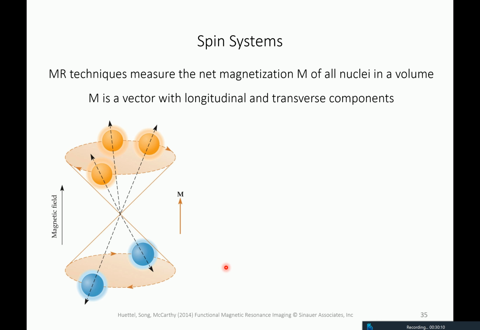So the MR technique doesn't measure the single behavior of the single proton, but it measures the net magnetization M of all nuclei in a volume.